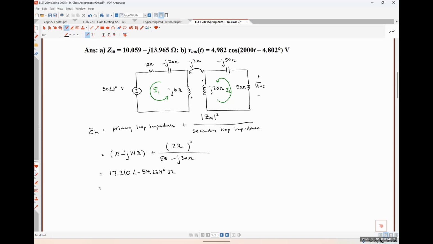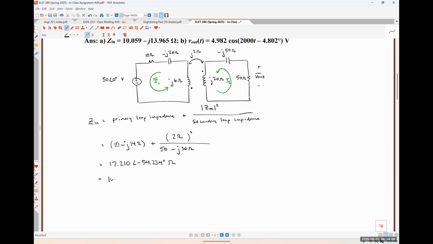And I'll go ahead and convert that into rectangular form as well. And I got 10.059 minus j13.965 ohms.